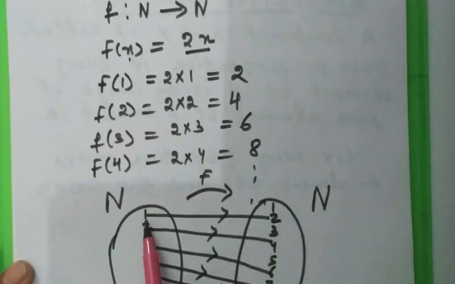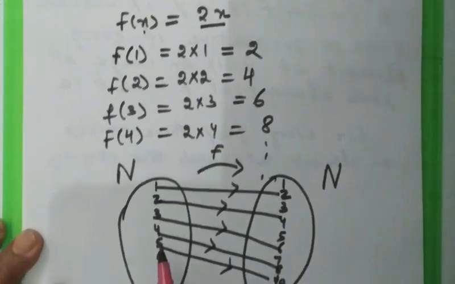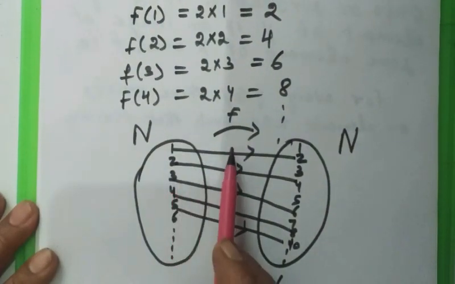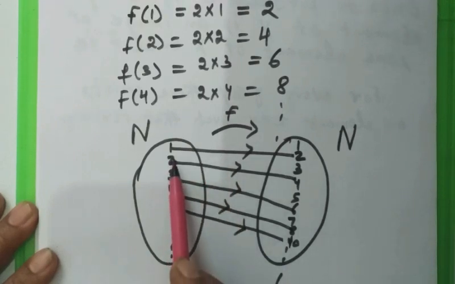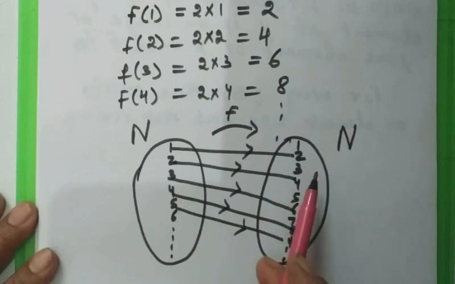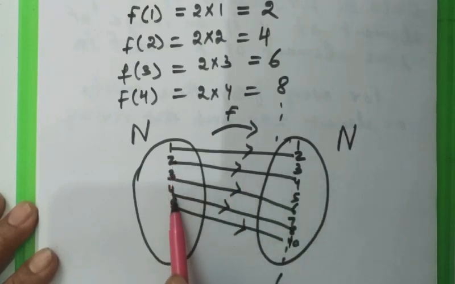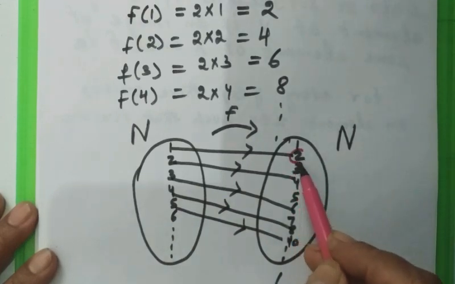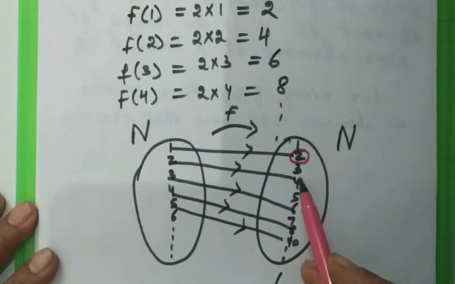You can observe that here in the domain set, every natural number is being taken care of. That is, this function can be applied on every natural number, because every natural number can be doubled. But the images you are getting are 2 as an image, 4 as an image.